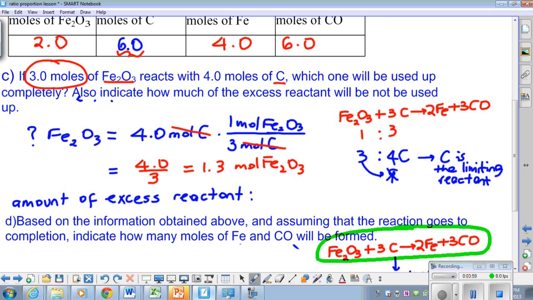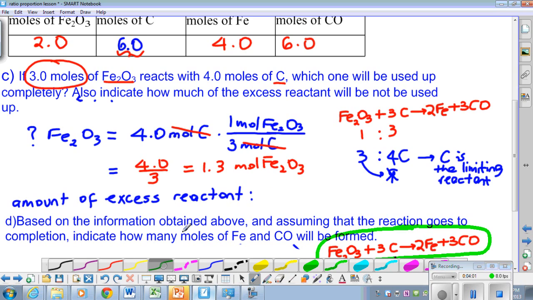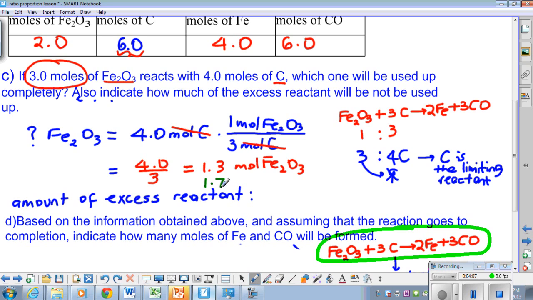So the amount of the excess is 3 minus 1.3, which will be 1.7 moles of that molecule in excess. It will not be used up in this reaction. So that's the answer to this blank here.